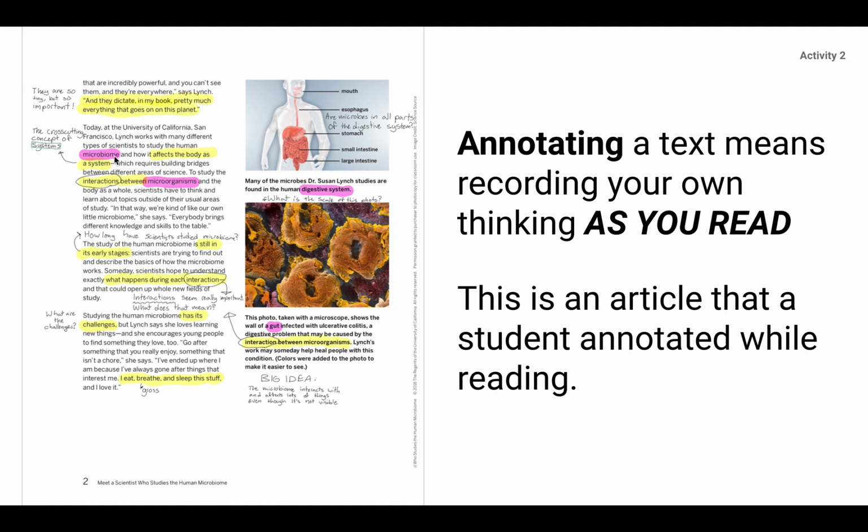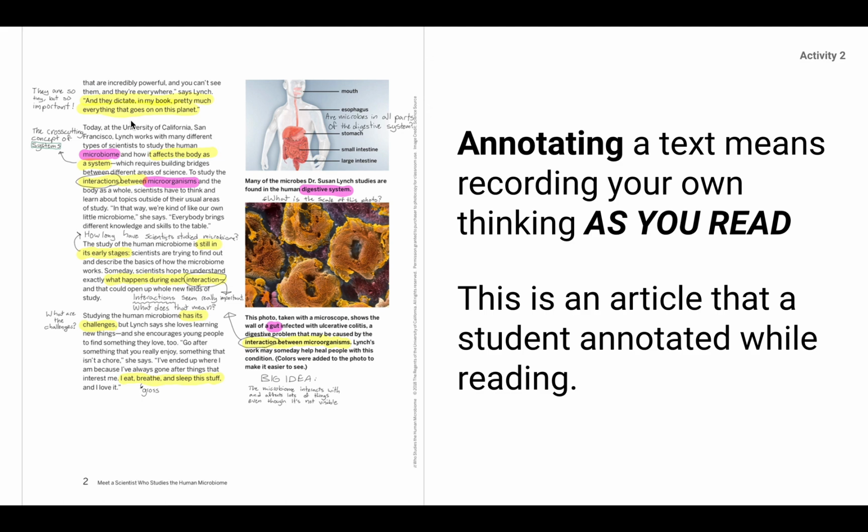And so you might want to pick one color of a highlighter and highlight those vocab words, and then pick a different color. And this is what you might highlight and go, oh, okay, this is really important. Here's the difference between just highlighting an article and annotating an article. If you highlight an article, but then you don't write anything in the margin, then you're not going to remember why you highlighted that.